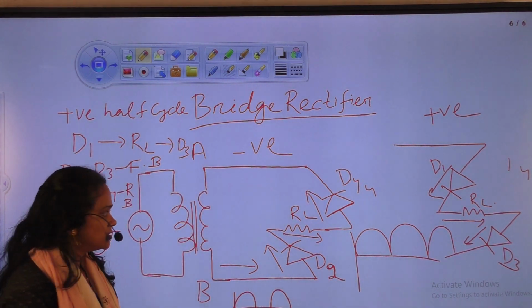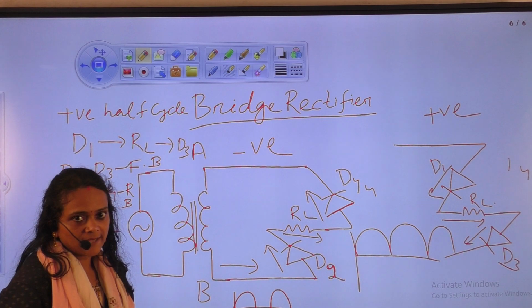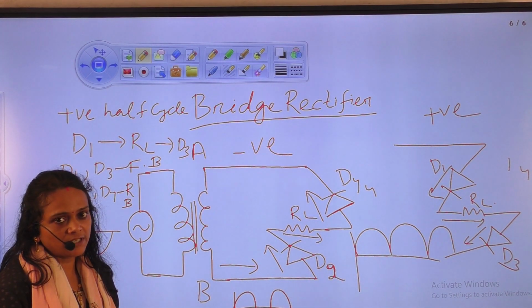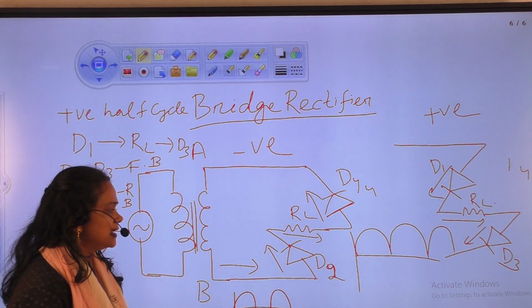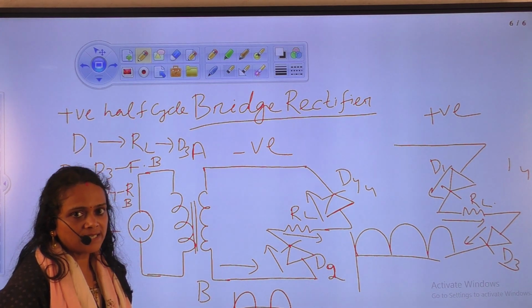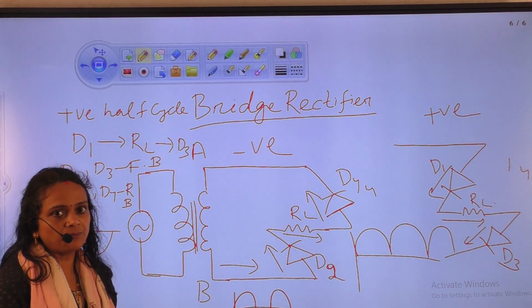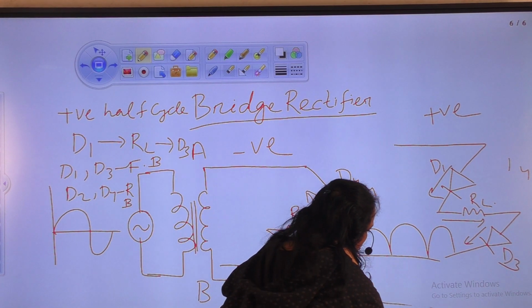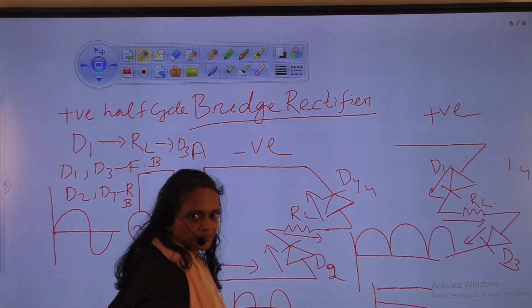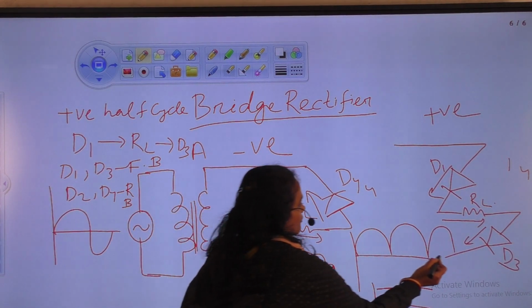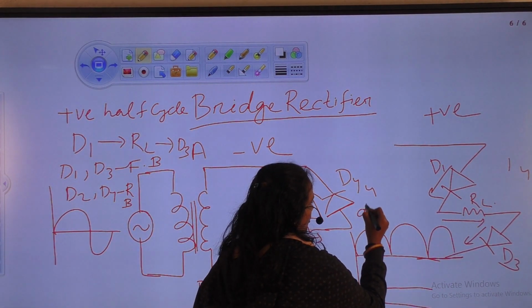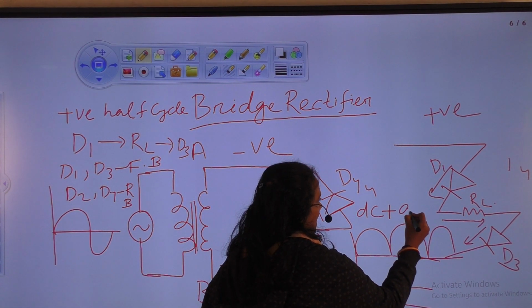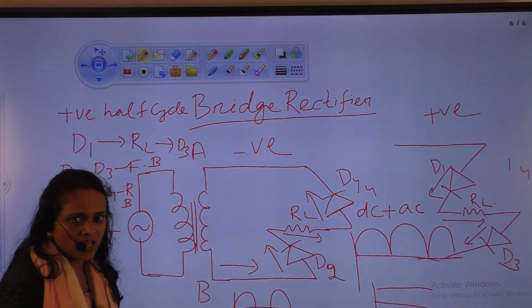So here we concluded that the AC converted to DC, but is this a pure DC signal? No, this is not a pure DC signal, because the pure DC signal looks like this. So this waveform is the combination of DC plus AC component.